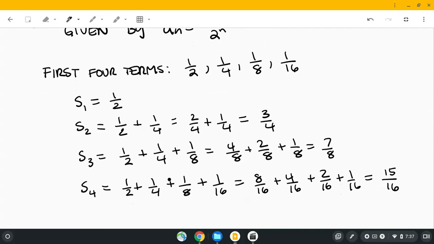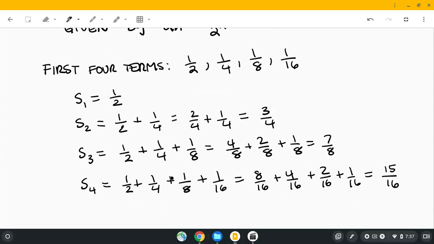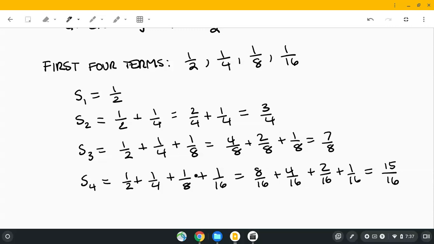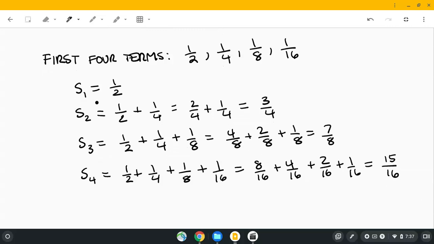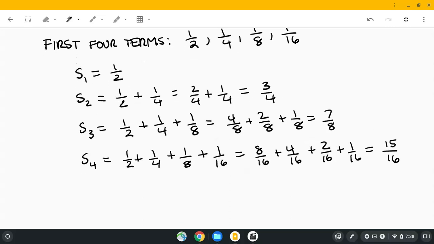Okay. One thing to notice here, it's kind of hard to see it here because we have all the work worked out here. But if you take a look at the list of numbers here in the answers, let's go ahead and take a look.